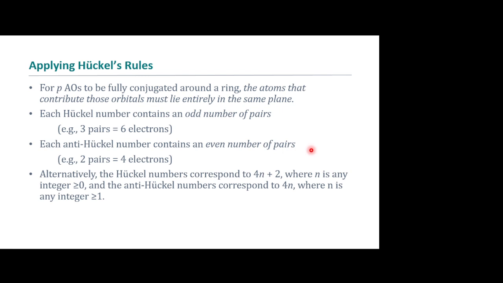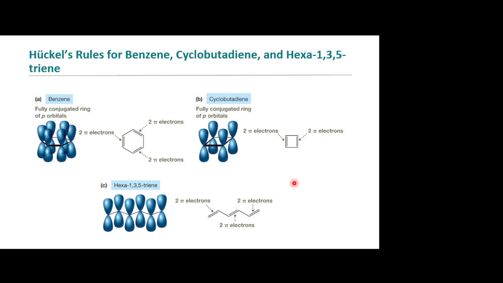Okay. What if we have 12? Got it. That's 4 times 3, right? What about 11? Non-aromatic, yeah. You couldn't actually form complete aromaticity then. Okay? All right.